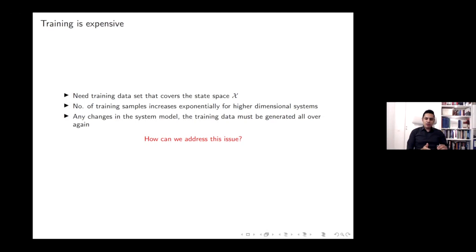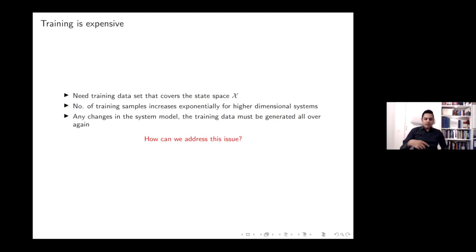And to further add on to this complexity, if there are any changes in the model parameters, or if there are any changes in the cost function, say for example, you're changing the tuning or the weights of the MPC problem, then you have to generate all this training data all over again and retrain the MPC policy.